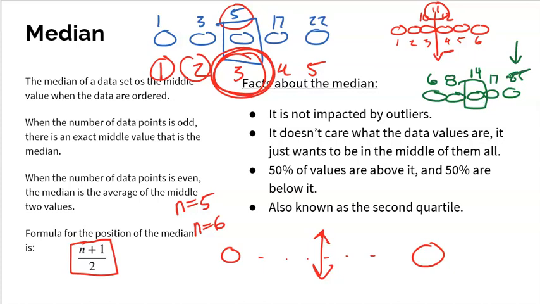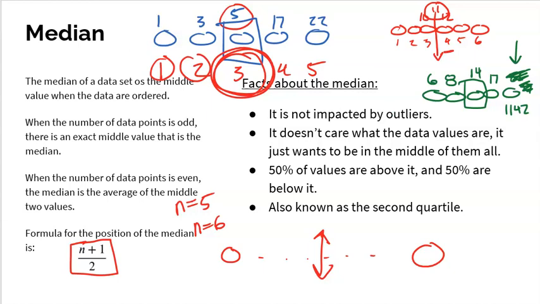I could even make this a bigger outlier by making it 97, or I could make it an even crazy outlier, 1,142. But guess what? The median is still in the middle at 14. So it's not impacted by outliers. Okay? Also, by definition, the median has 50% of values below it, and it has 50% of values above it.